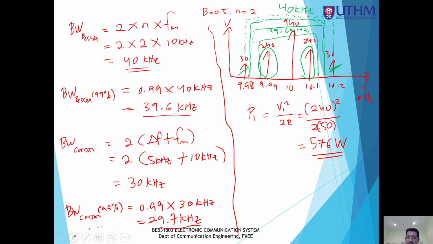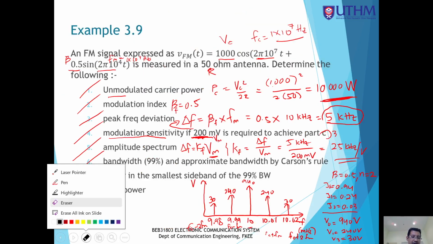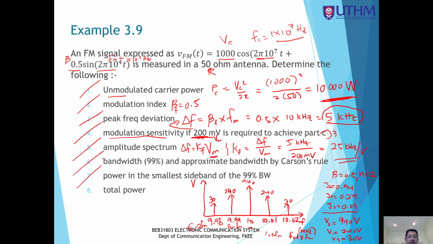And let's look at the next question. The next question asks you to find the total power, P total. You see that this total power is actually not related to the previous bandwidth of 99%.